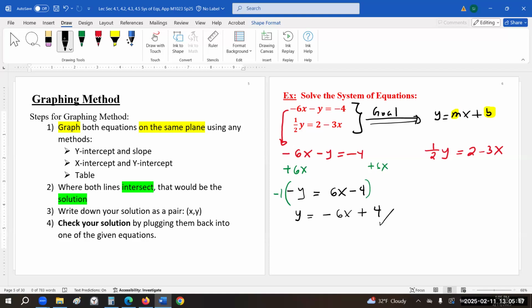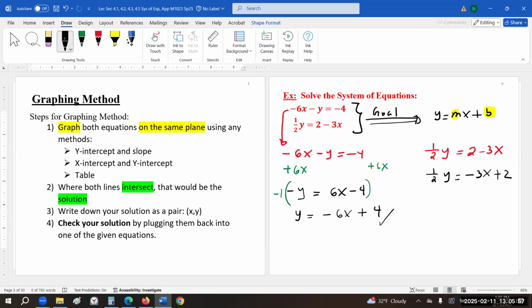Now we're just going to modify the second one. First thing we notice is that the order is not correct. So let's order them in the correct way. So we have 1/2 y is, how can you rewrite this? Negative 3x and the 2 becomes plus 2. Now we like it because we have y equals x and the number. But now we face a second problem. Is our y alone yet?